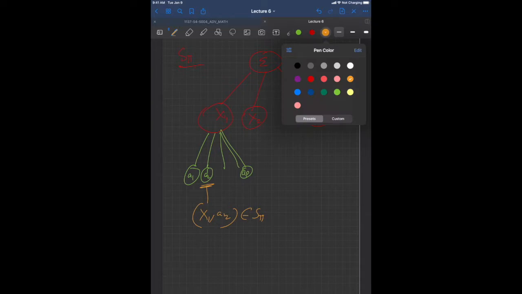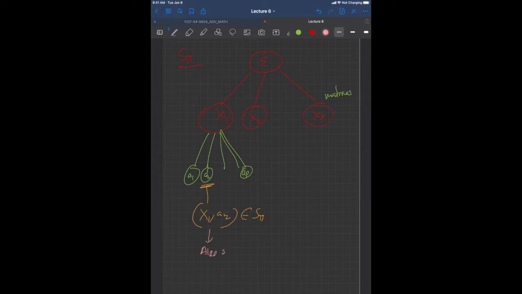So she ends up labeling this tree with zeros and ones. Maybe on this pair Alice sends 0, so we label this with 0, and maybe this is also 0, maybe this is 1, this is 0, this is 0, and so forth.